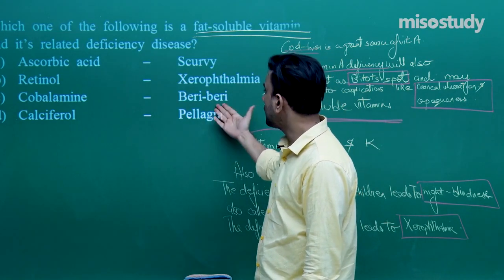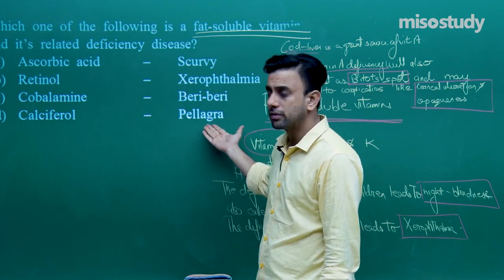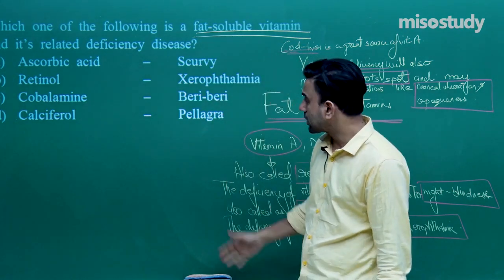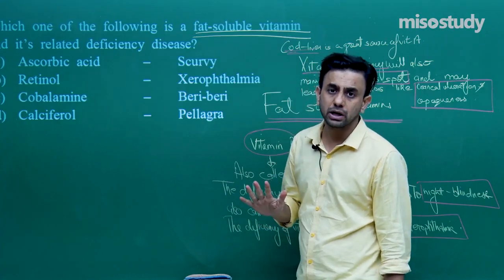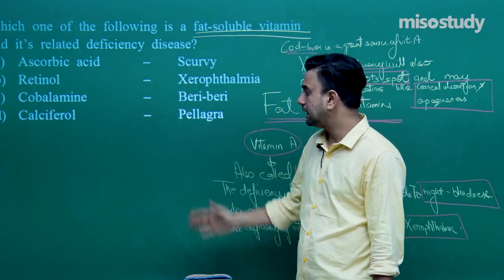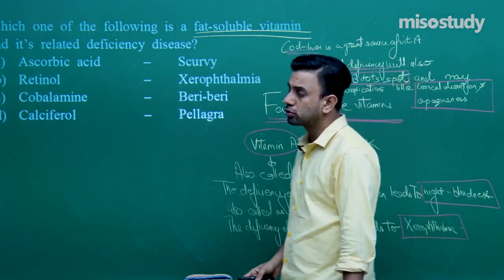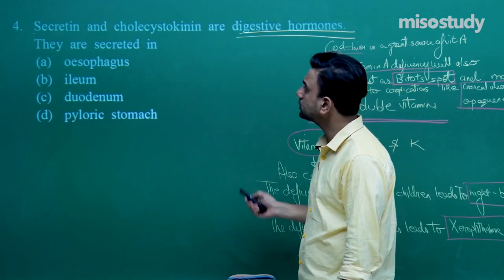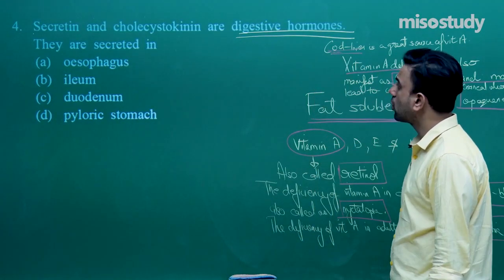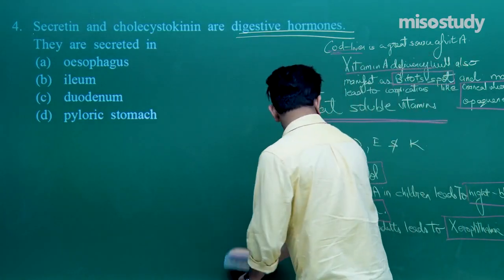And pellagra is also very important, because the 4 Ds will be there: dementia, dermatitis, diarrhea, and finally death. So now we move on to the next question. Secretin and cholecystokinin are digestive hormones that are secreted where?